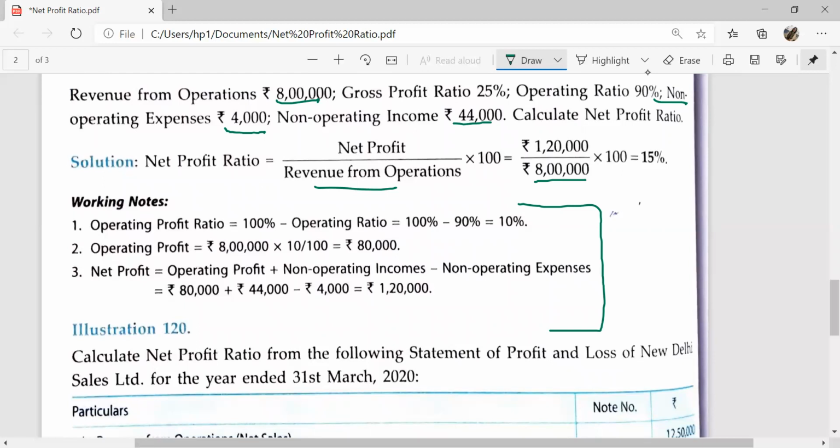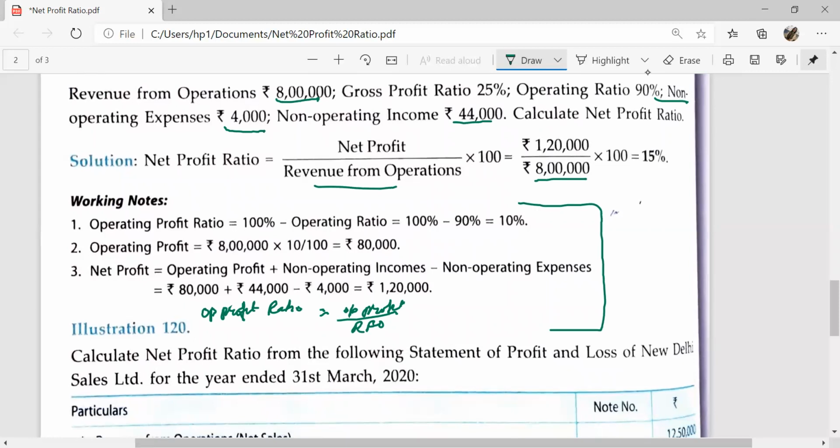And the formula of operating profit ratio is operating profit divided by revenue from operations. And here revenue from operations are 8 lakh, and operating profit ratio is 10%.